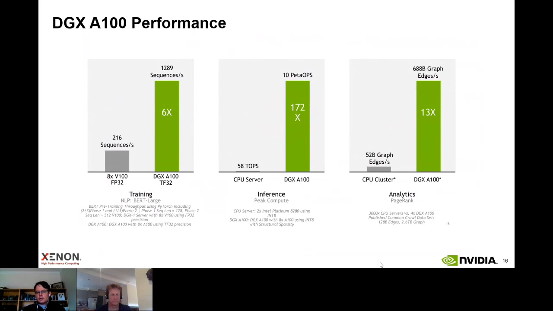On the inference side, we can now get more than 10 petaops of performance on a single A100, which is more than 100x, here 172x peak performance. And on classic analytics workloads with a PageRank benchmark, for example, the performance is about 13x higher than on a comparable CPU cluster.